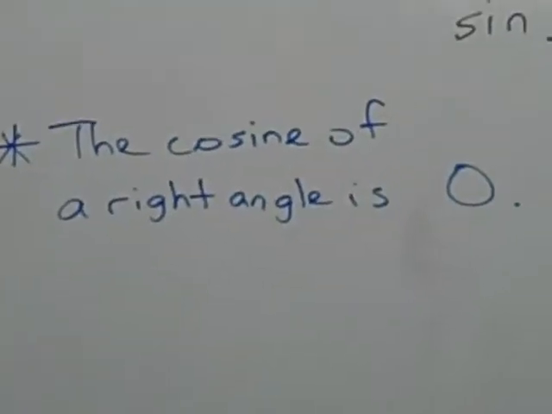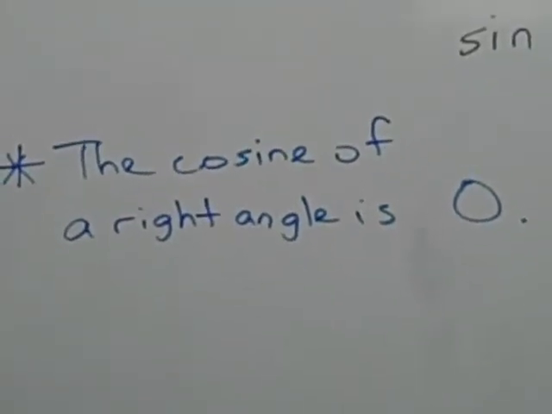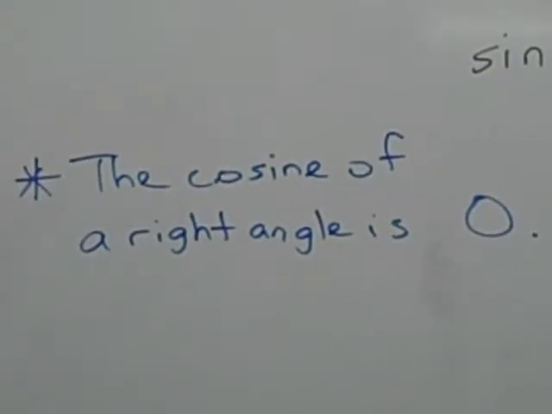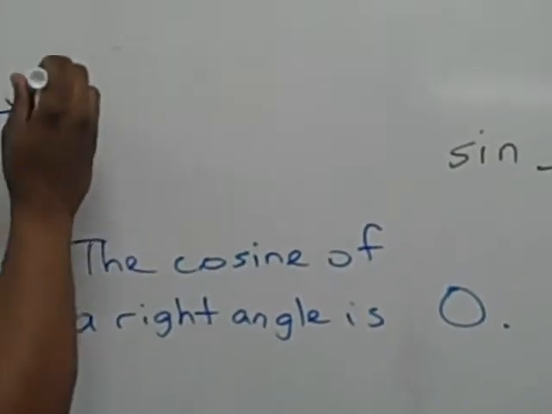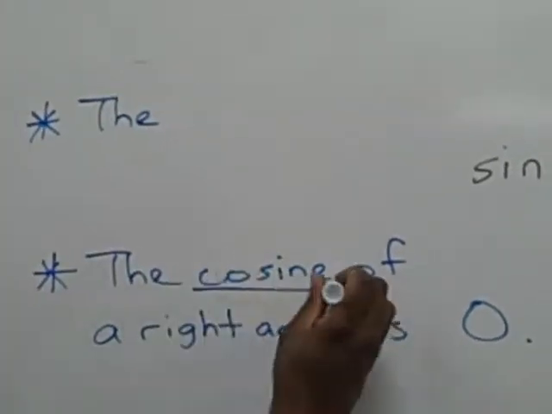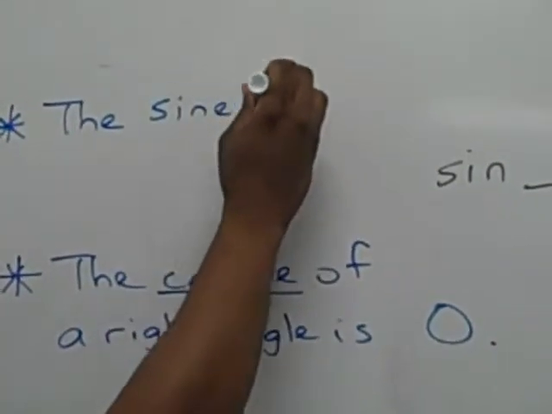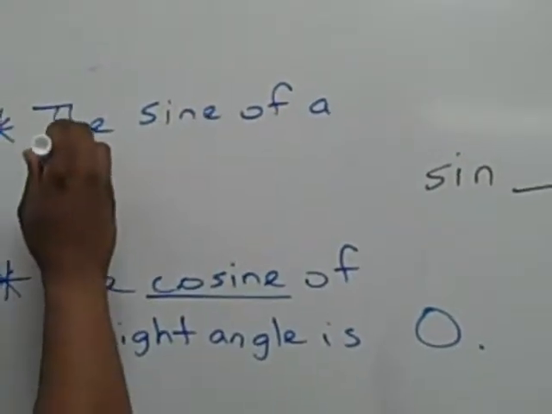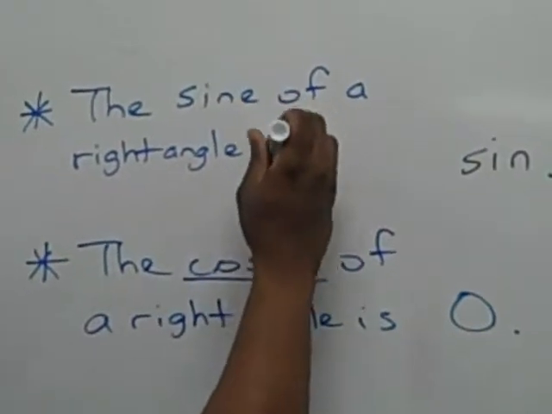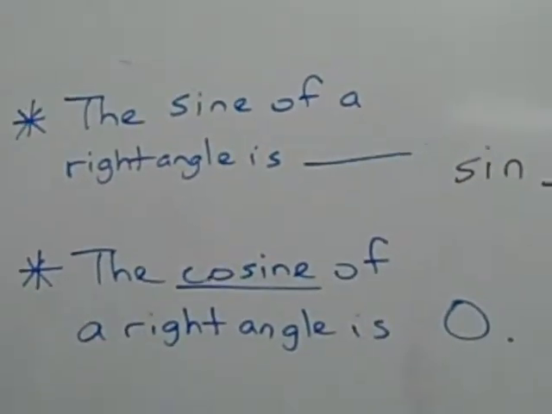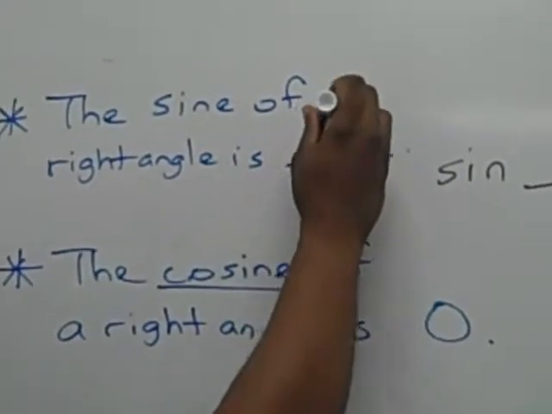So, let's remember again about the right angles. We already said the cosine of a right angle is 0. The sine of a right angle is what? Is 1. You just wrote about that.